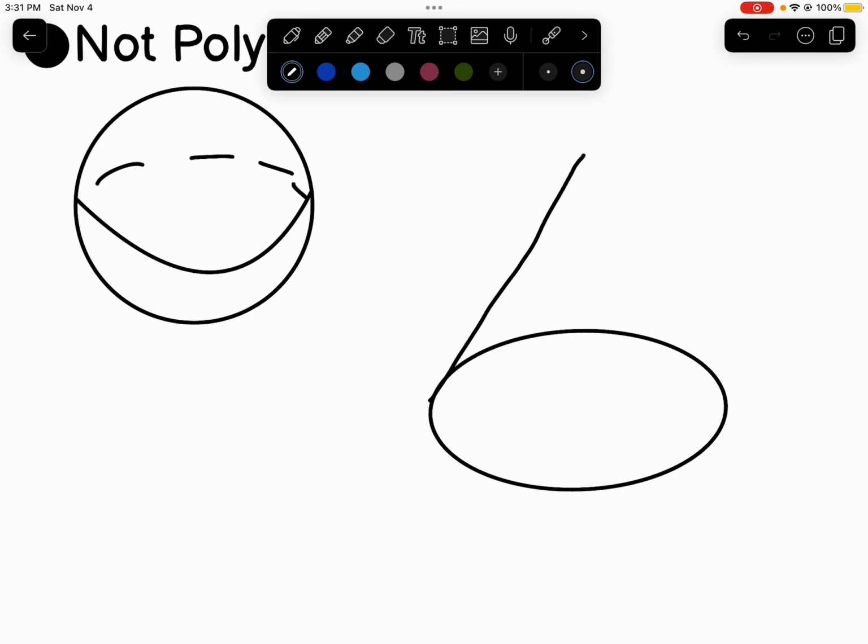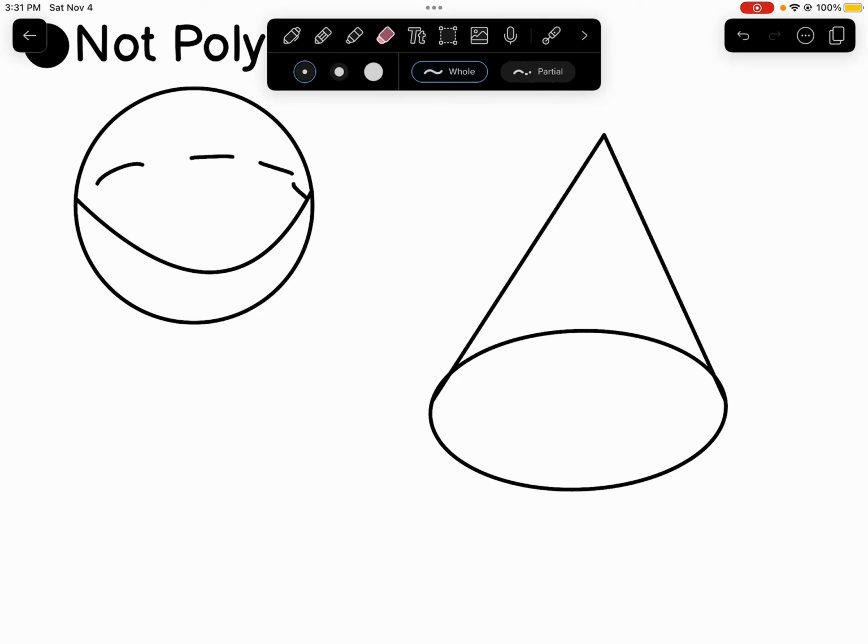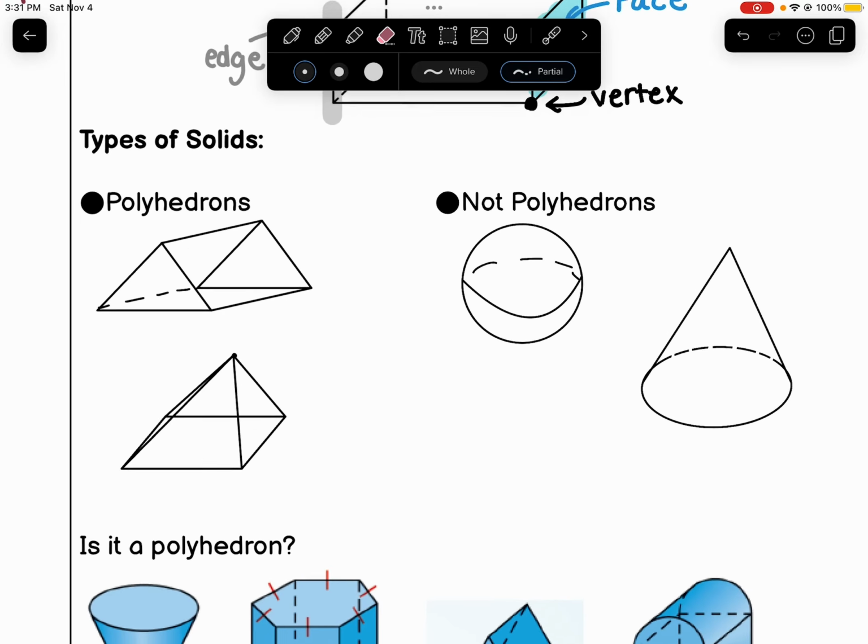We're going to draw an oval, and then you can draw a straight line from the edges of your oval, and you'll have what looks really similar to a cone. If you want to get really fancy with it, you can make that back curve shaded to draw your cone.